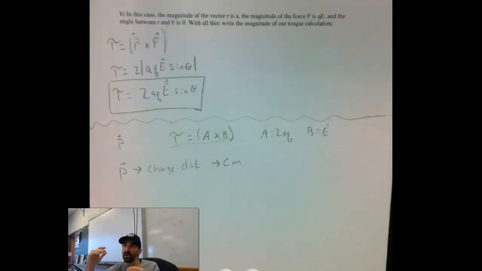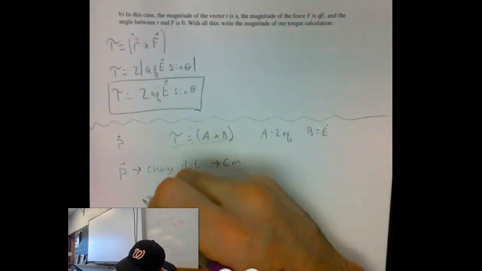Because our dipoles have to be separated by some fixed distance, I can assume that that fixed distance is a rigid fixed distance. Again, just trying to make some assumptions to make this a little bit easier for us to digest. If we assume that, then it's going to take work in that electric field, just like a gravitational field, to rotate or to move that dipole.